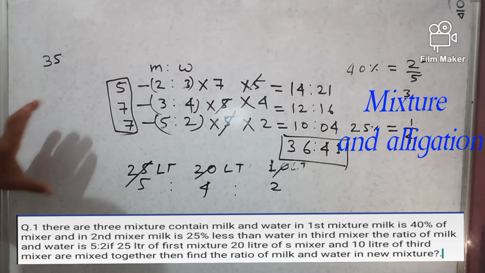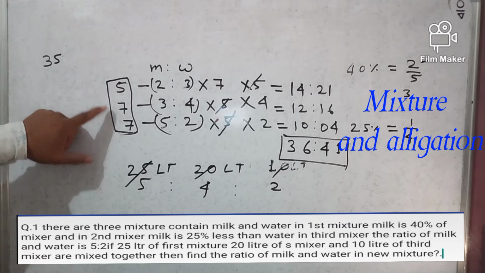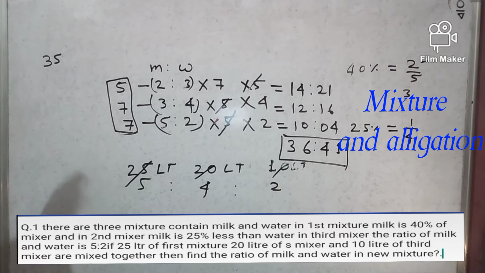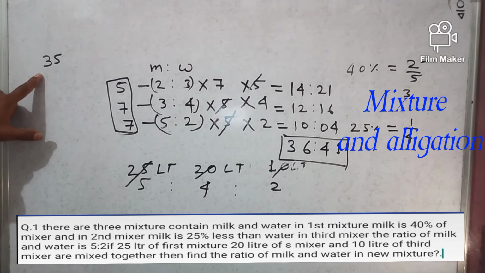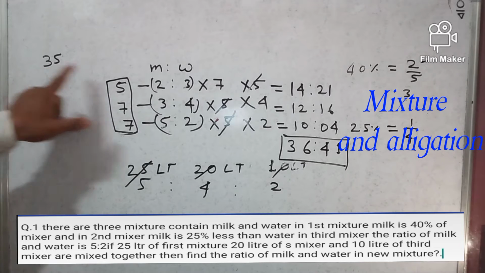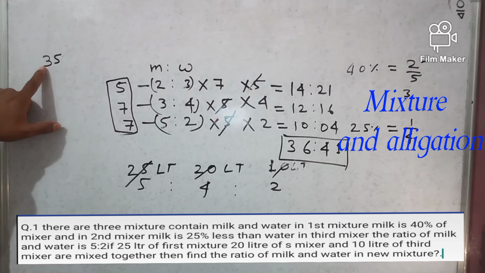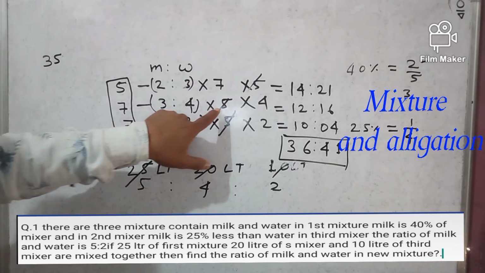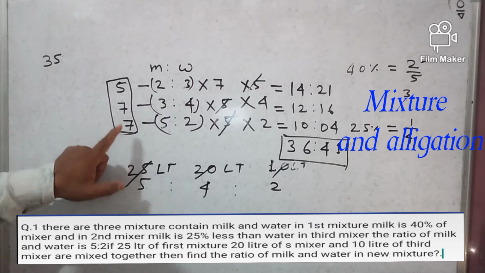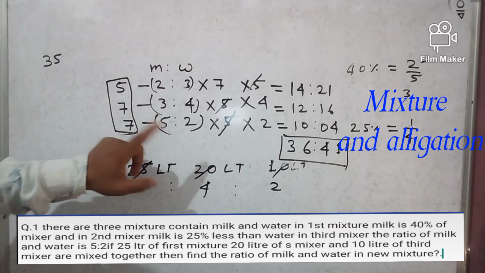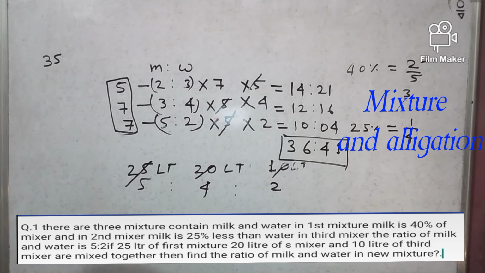The parts are not the same, so we take the LCM. The LCM is 35. 5 goes 7 times, so multiply with 7 in the first container. 7 goes 5 times, so multiply with 5 in the second and third containers.